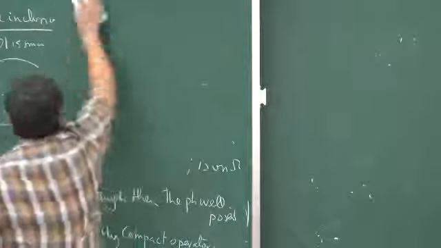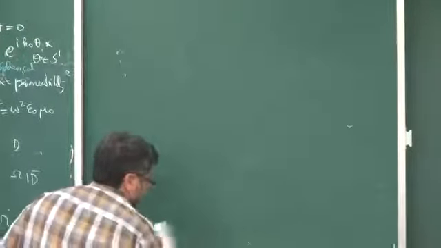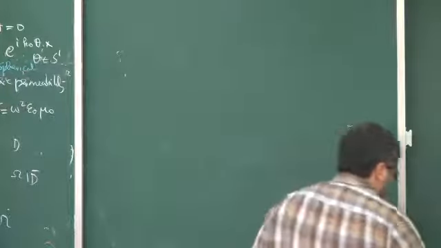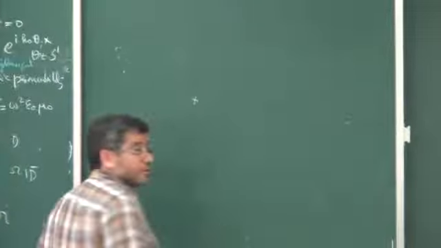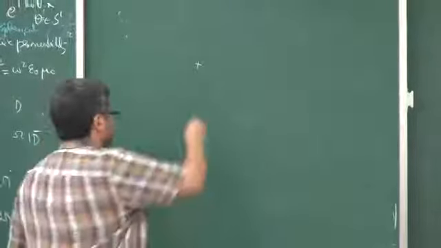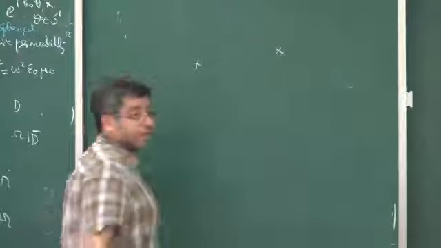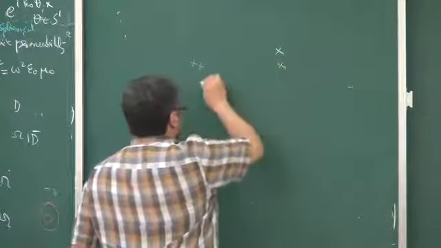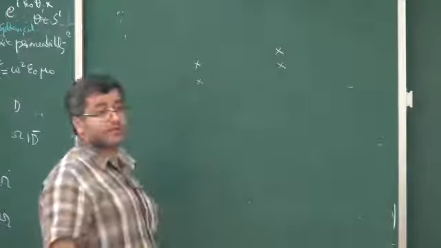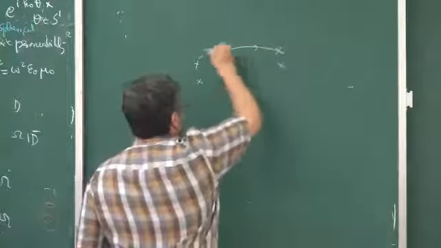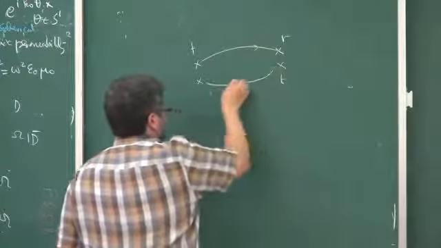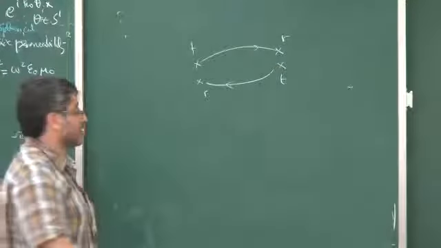Reciprocity is when you change the receiver and the transmitter, you get the same signal. You generate a signal, a spherical wave, here, you record the signal here, you get something. Now you send the signal here and you record it here, you get the same thing. So this is from transmitter to receiver, and this is from transmitter to receiver. You get exactly the same thing. This is reciprocity.